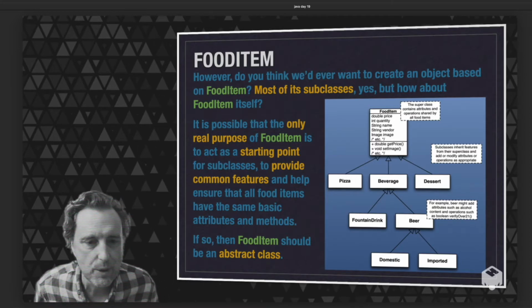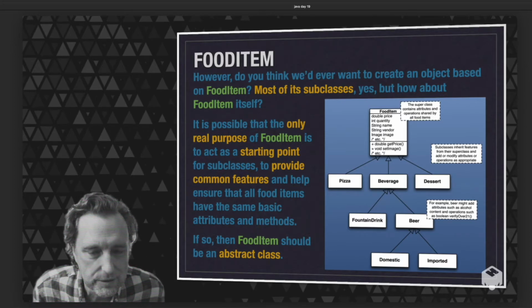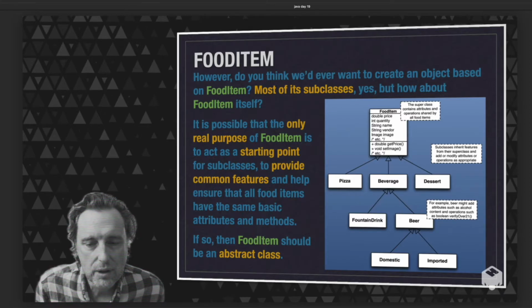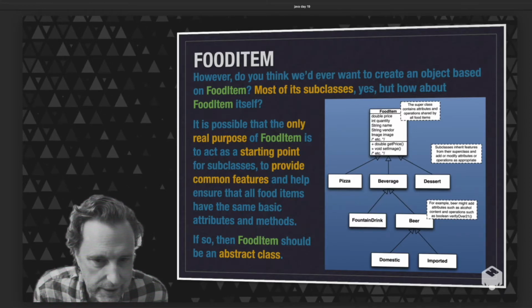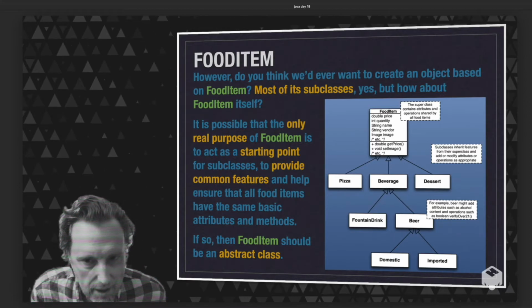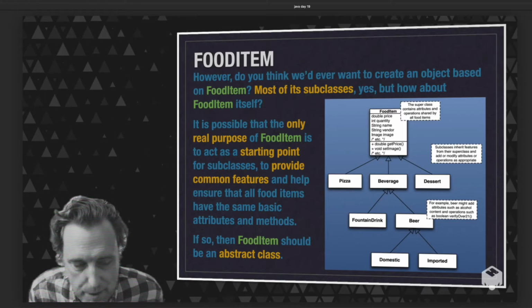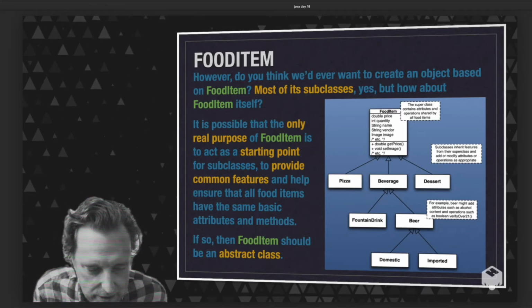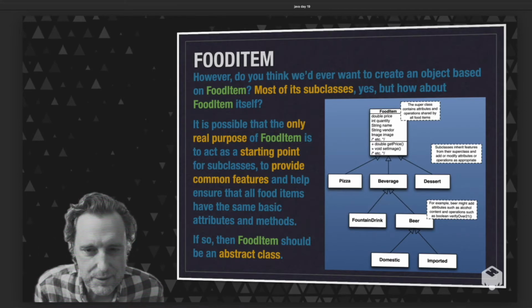What we want is some way not to allow that, to encourage or enforce a degree of consistency so that all of our objects work in a similar way. So if I want to ask for the price of the pizza, it's always going to be object.price. Same thing for the beverage. I don't have to remember, wait a minute, for beverages I called it drink price, or whatever the case may be.